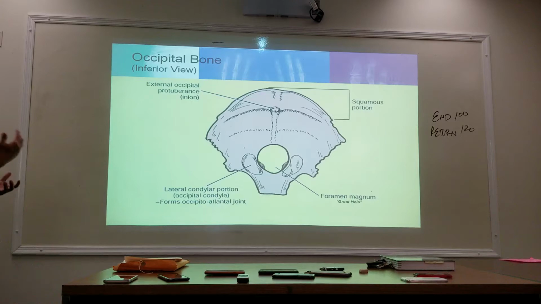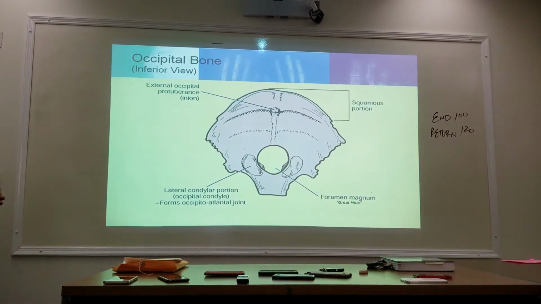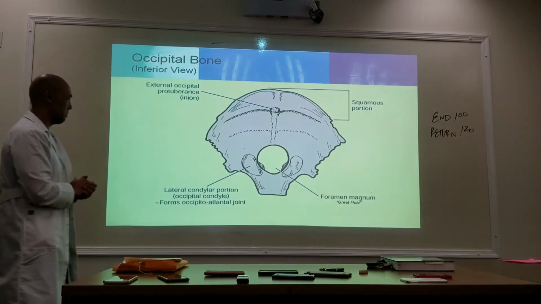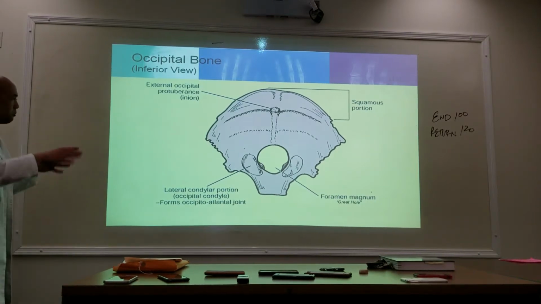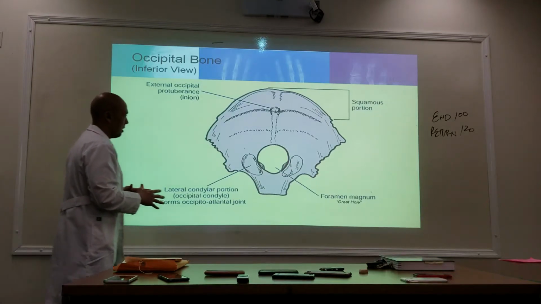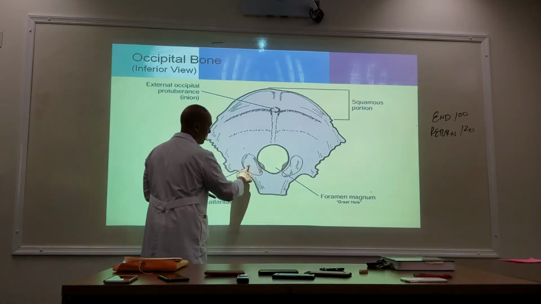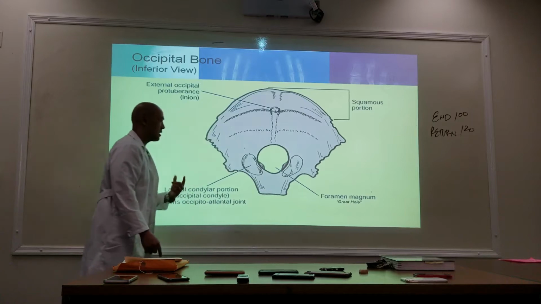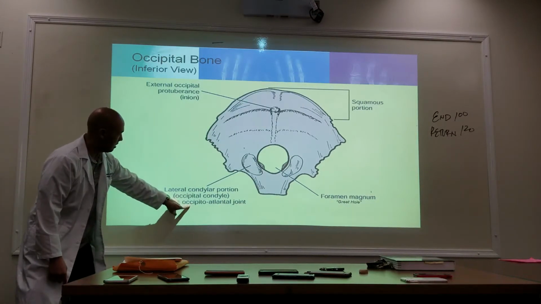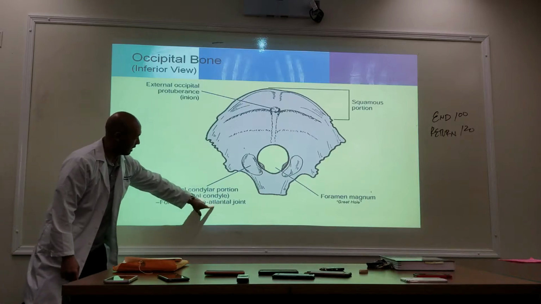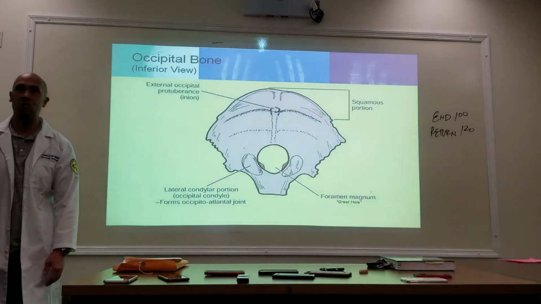So the very flat surface of your occipital bone is the majority of it. And then right in the bottom of that, you've got your condylar or smooth portions on the base of the skull, and this is what forms the occipital atlanto joint. Again, occipital referring to your cranium, and atlantal referring to C1.